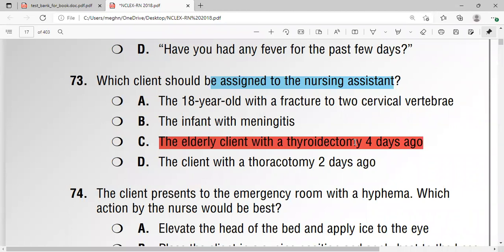So the client that needs the least skilled nursing care is the client with a thyroidectomy 4 days ago. Answers A, B, and D are incorrect because the other clients are less stable and require a registered nurse.